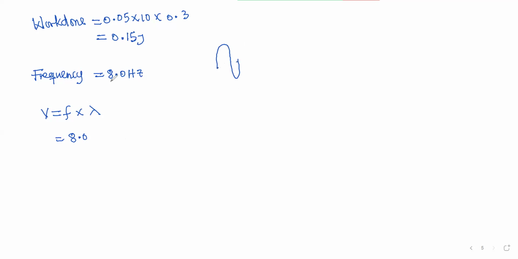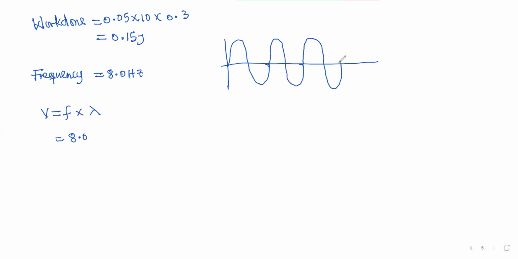Let me draw my wave properly. So we have one full wave, another full wave, another full wave. And we are told that the whole length is 6.0.